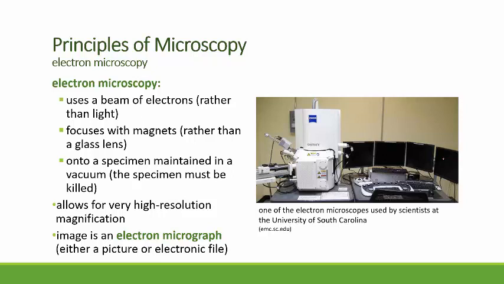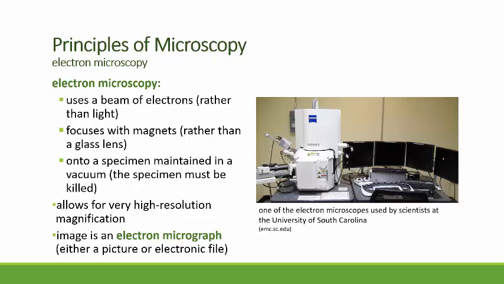But in order to put that specimen into a vacuum, it has to be killed. If nothing else, putting it into a vacuum would kill it, but the preparation processes required for visualizing also don't allow the organisms to live. But using electron microscopy, we can get super high resolution magnification.